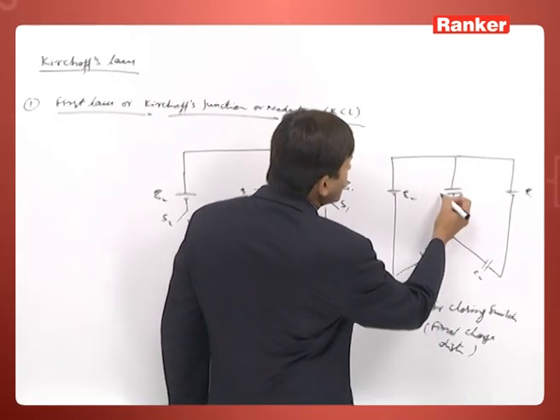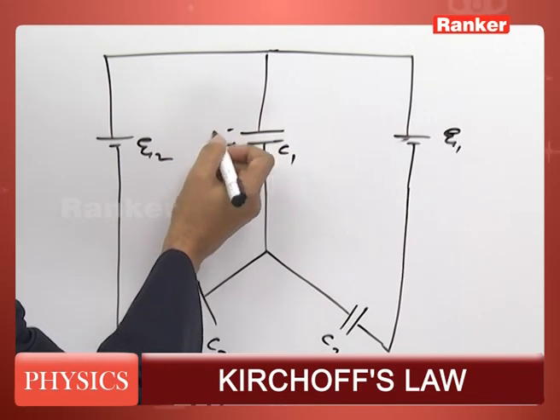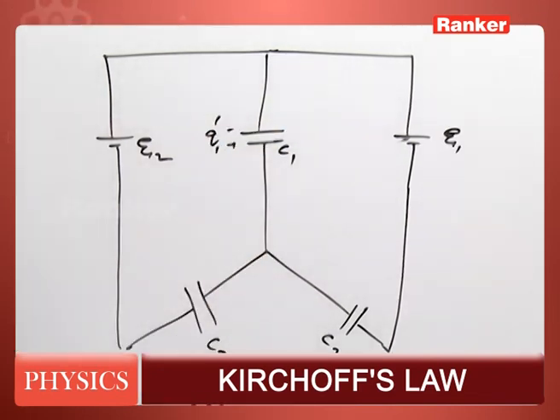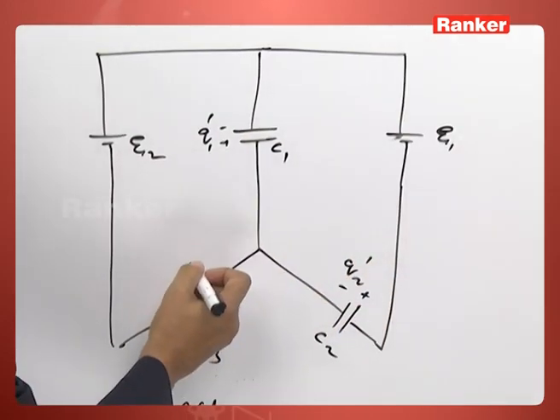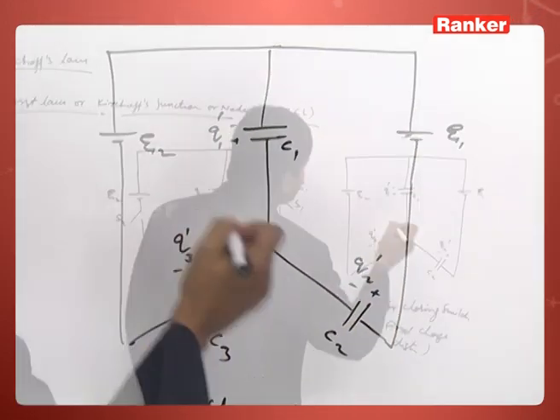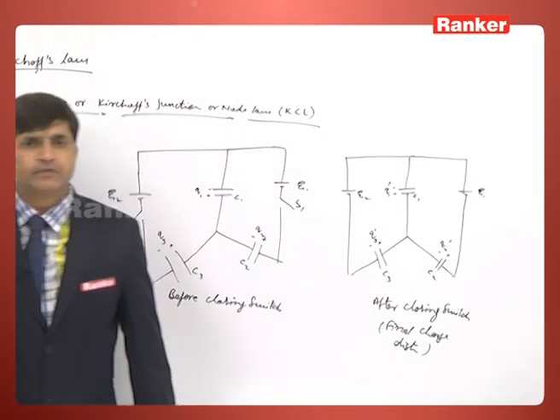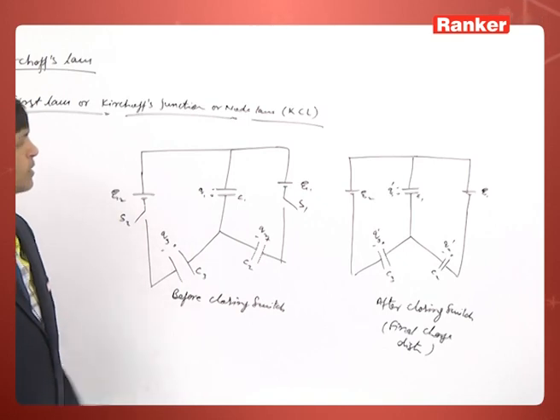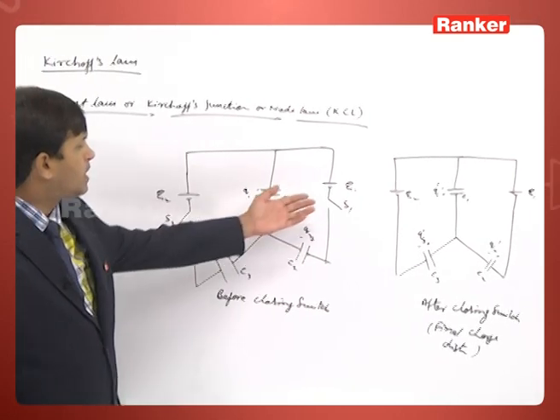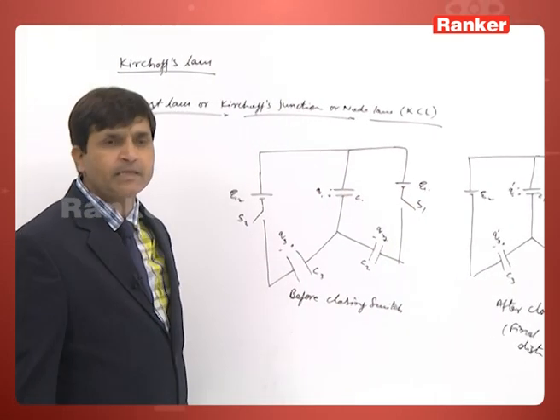It may change or it may not change. So, let this capacitor have final charge Q1 dash, this is Q2 dash, and this is Q3 dash. Polarity of some of the plates may change and some may not, depending on the effect of E1 and E2 in the circuit.